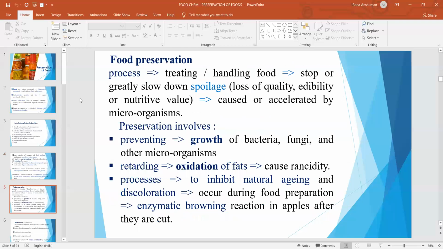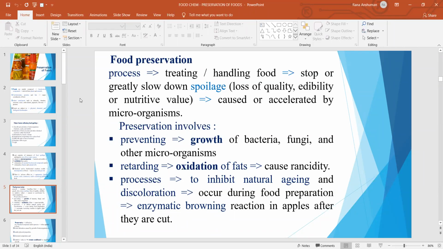What is food preservation? It is a process of treating or handling foods to stop or greatly slow down its spoilage, including loss of quality, edibility, or nutritive value, which is caused or accelerated by different microorganisms. Preservation involves preventing foods from growth of bacteria, fungi, and other microorganisms in foods.